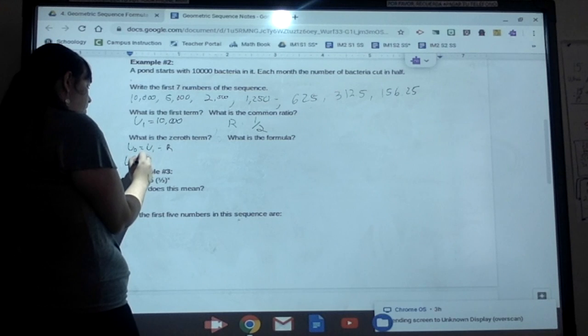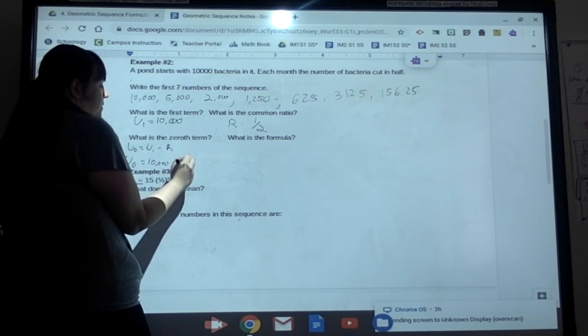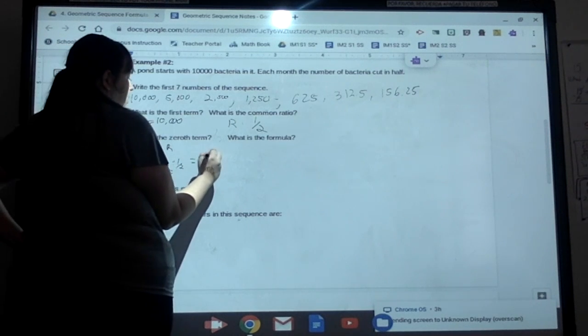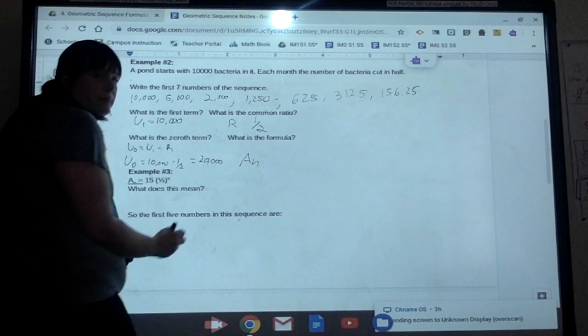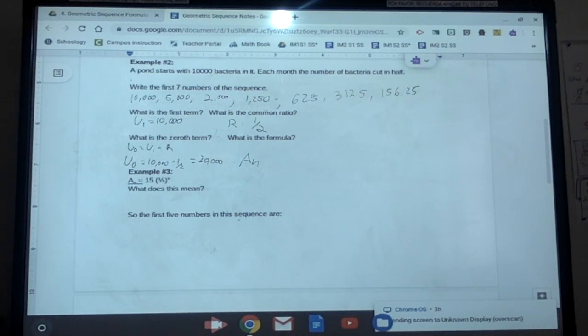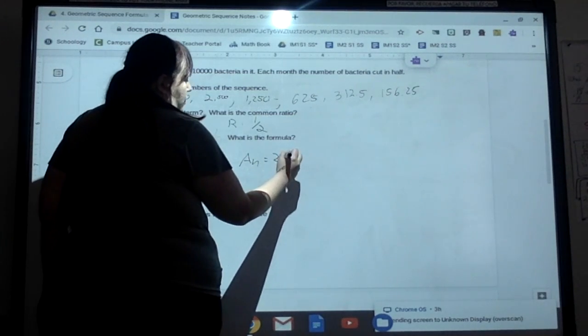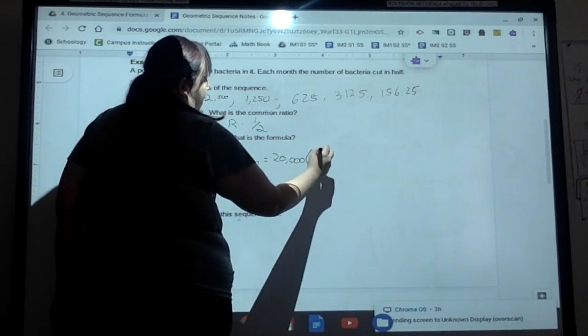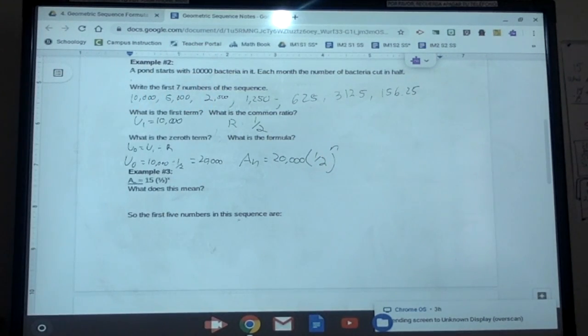So to get the 0th term, we're going to take 10,000 and divide it by 1/2 in our calculator, and we get 20,000. So the formula to get any term: you take your 0th term, which was 20,000, and we're timesing it by half, n times. So to the power of n.